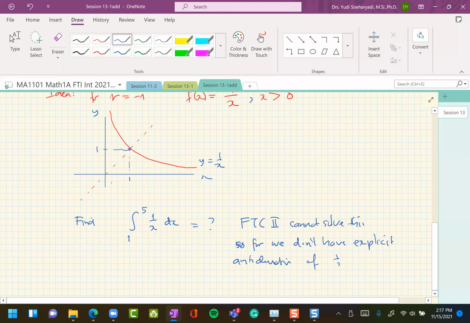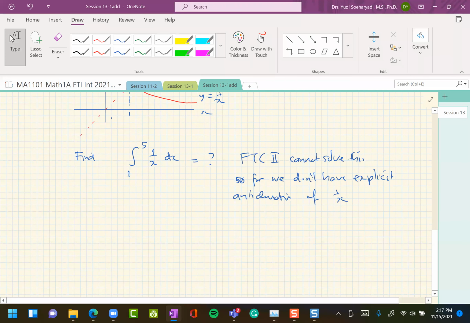So you cannot say that it is the difference between the capital F at 5 and capital F at 1.